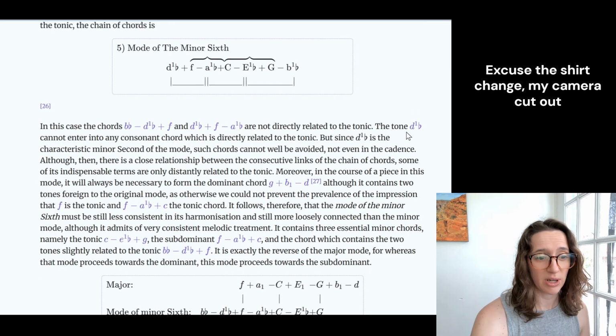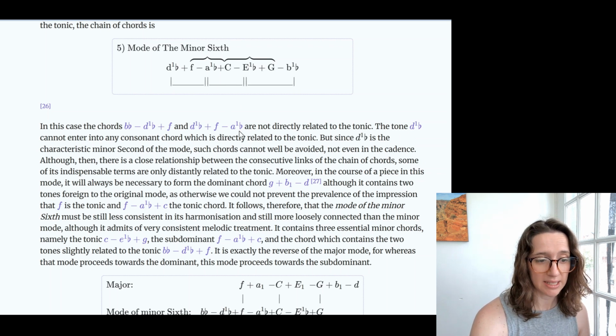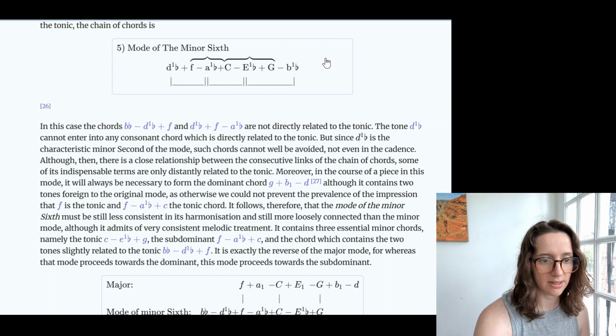So to avoid the impression that the tonic is F instead of C, the piece has to contain a dominant chord, and that will be G, B, D, even though it contains two notes that are foreign to the mode of the minor sixth.